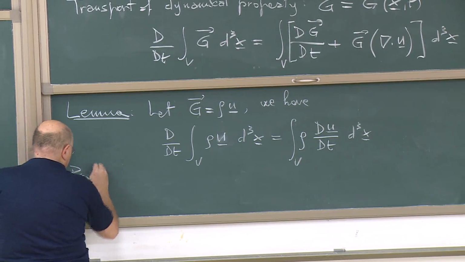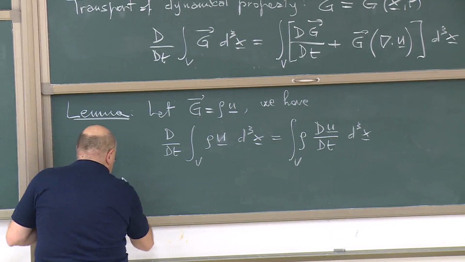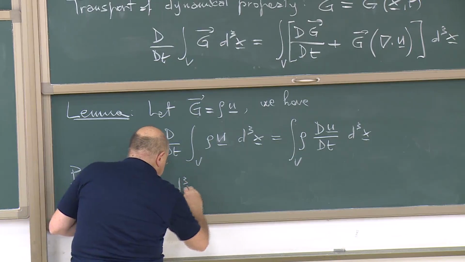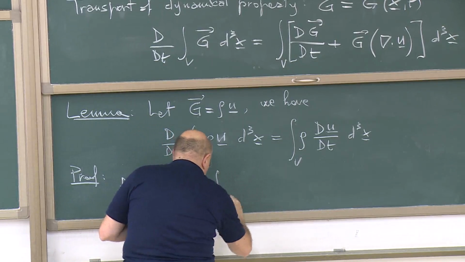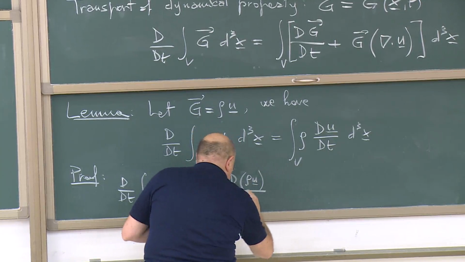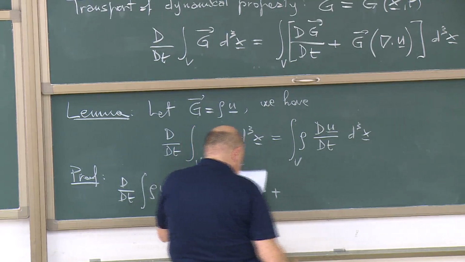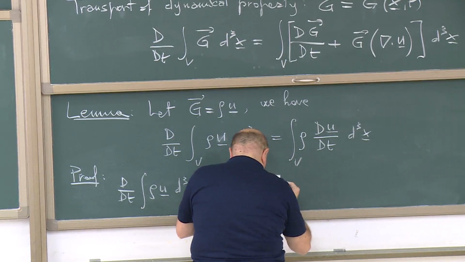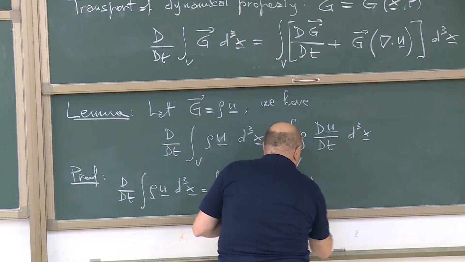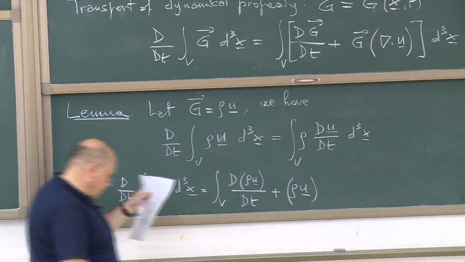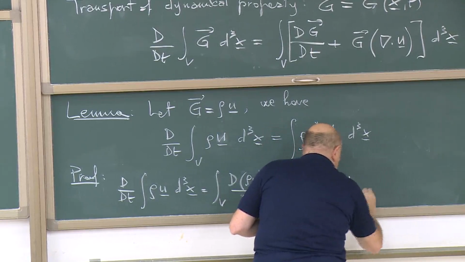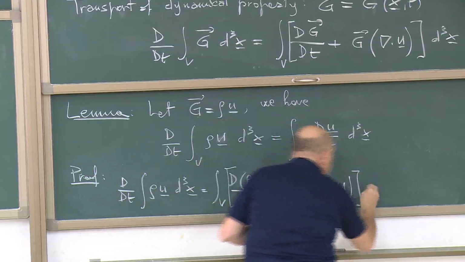Okay, a little proof of this is d dt of this quantity rho u d3x. This is the integral over V of d rho u dt, plus we apply the kinematic transport in the version for vector quantities. So it becomes a dynamical transport theorem, divergence of u in d3x.